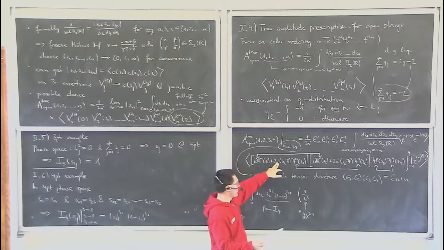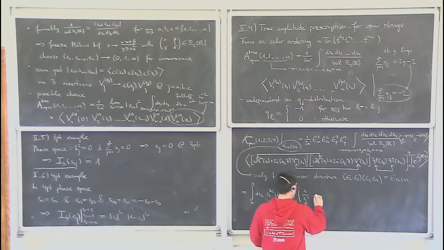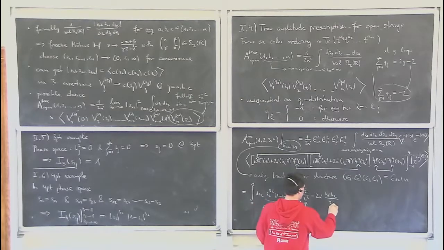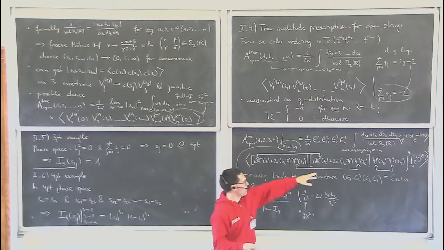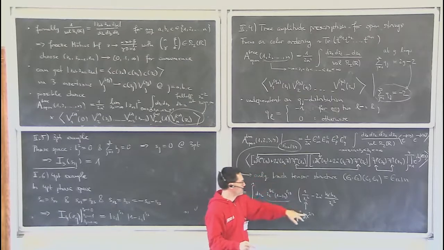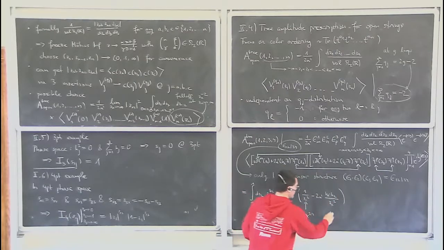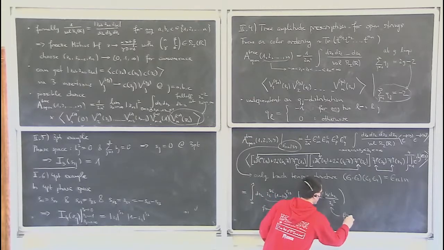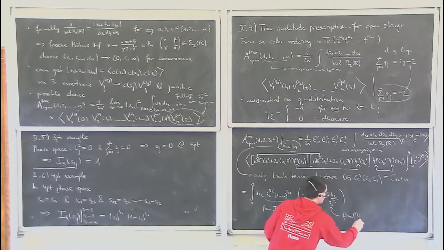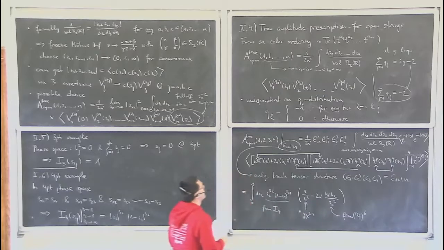There are more alpha primes floating around, and if you do things carefully, this fermionic term is off by 2 alpha prime k1 dot k2. And if you go through all the Wick contractions of the fermions, you will find another double pole. So this is from the term that has the maximum number of psi's, which is a total of 6 according to my counting.